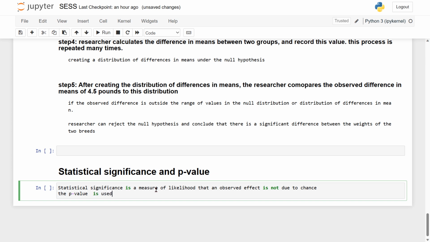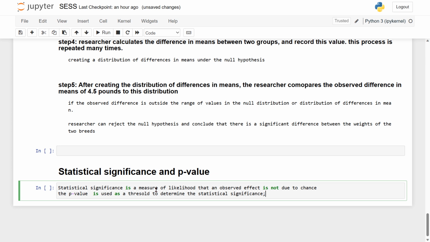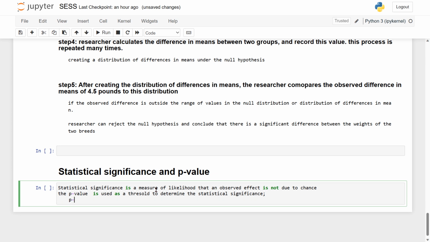For example, we can take a p-value which is less than or equal to a pre-specified significance level.